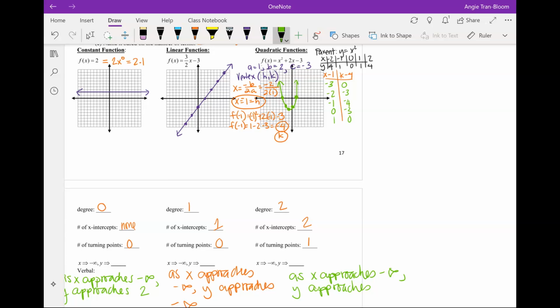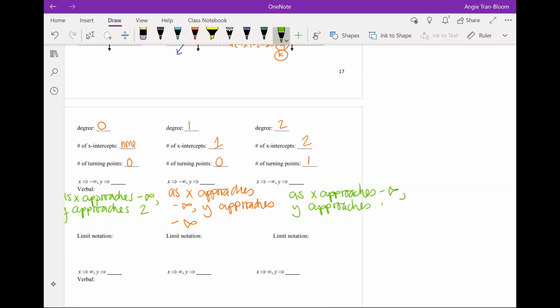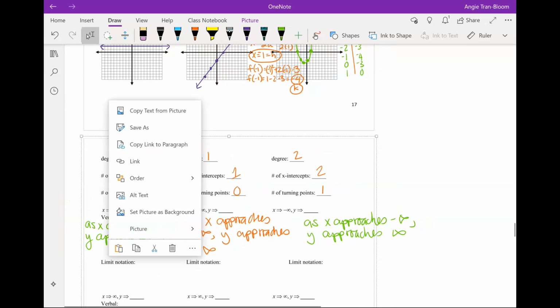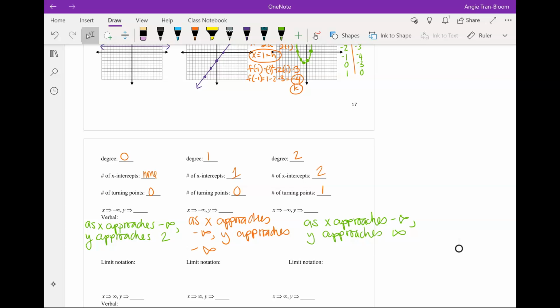So as x is going to the left, what's the behavior of y? It's going up. So that's why we call these end behavior. End behavior is when you go either all the way to the right or all the way to the left. So can you guys see that they're different every time or could be different every time? Okay, so those are algebraic notation.